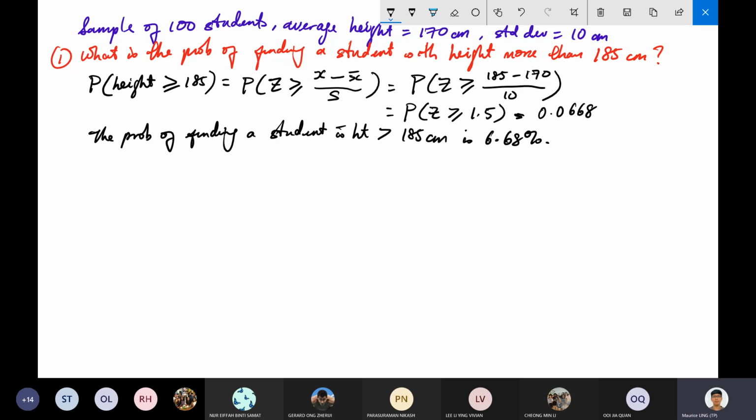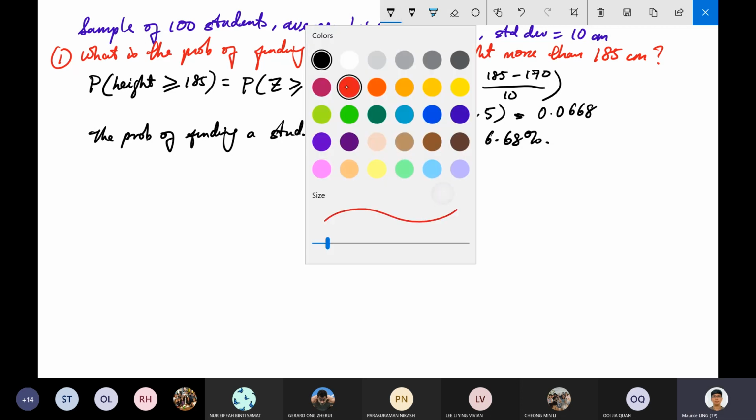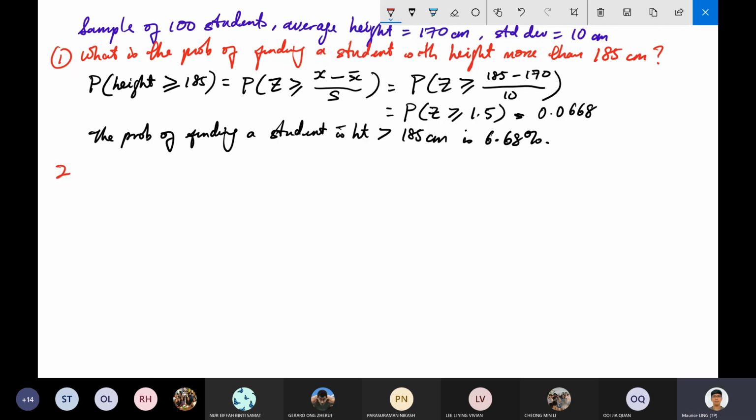Okay. So what I'm going to show you is another way of asking the question. The second one is, for example, I took another sample of, let's say, 25 students.